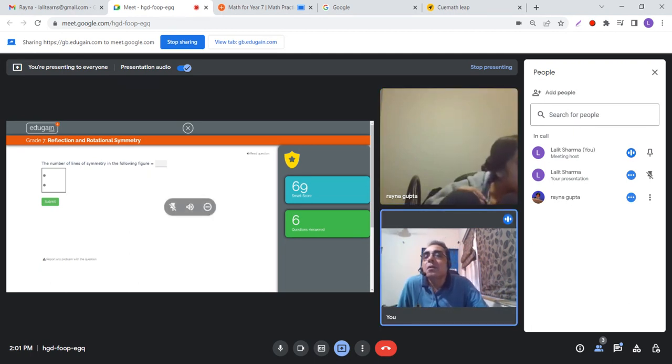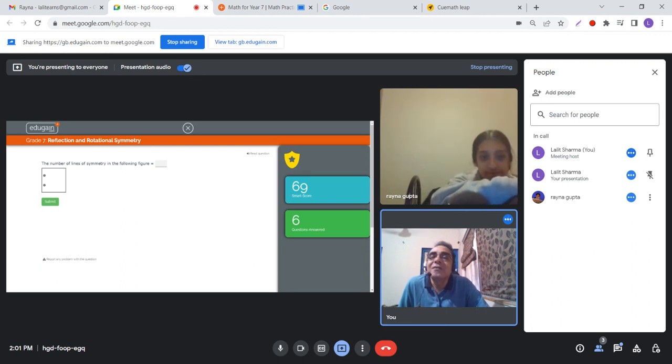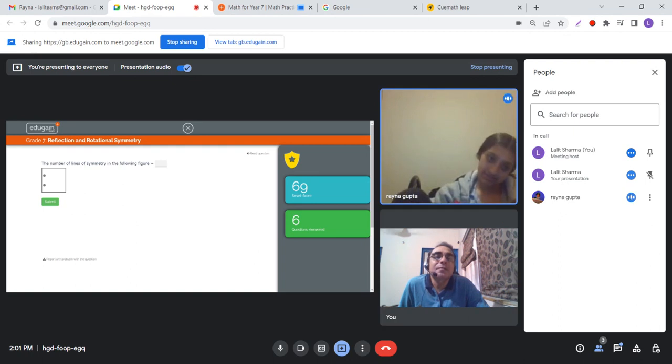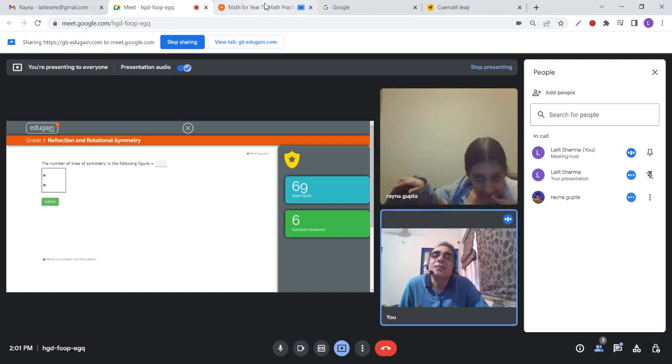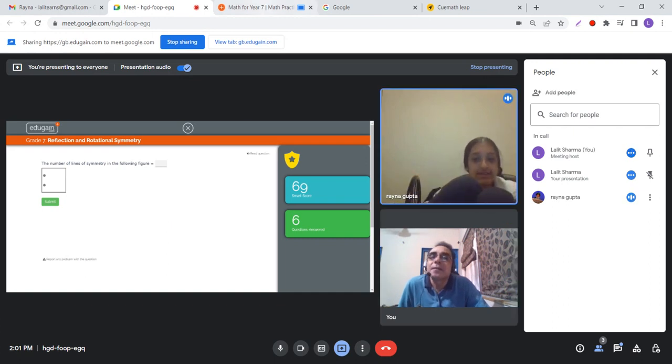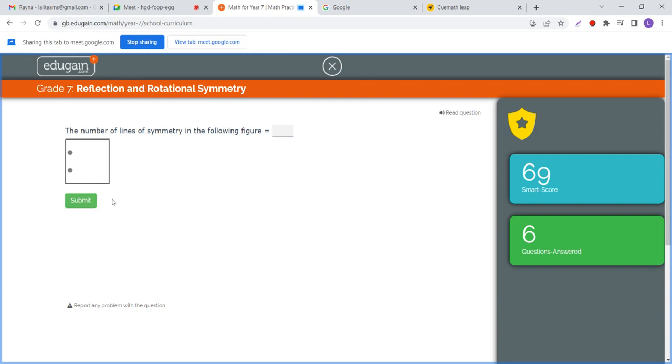Okay, the number of lines of symmetry in the following figure. And that is across the x or y axis. Which axis? X axis. Okay, so let's see. One.